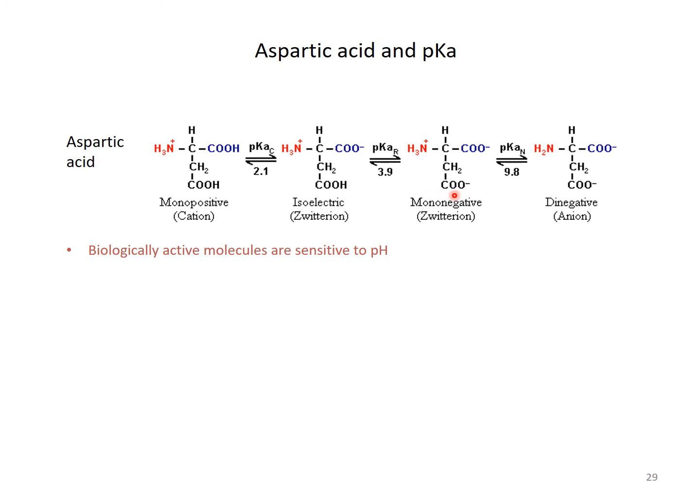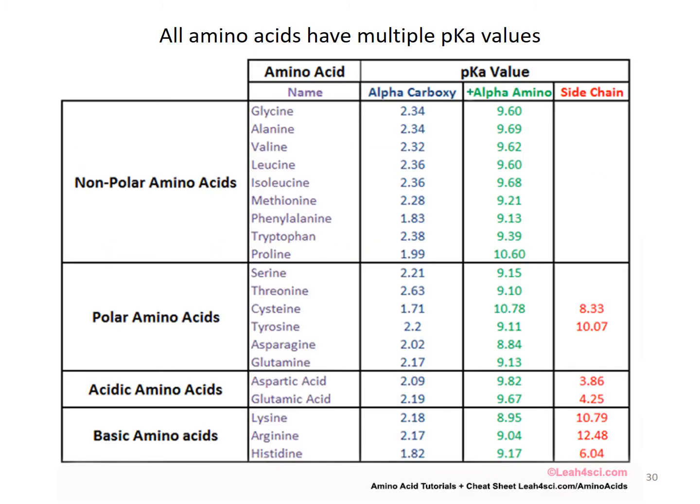While when the pH is higher than 9.8, which means the surrounding is very basic, all of the functional groups will be deprotonated. In this case, this amino acid has become a dinegative amino acid. As a matter of fact, all amino acids have at least two pKa values, and depending on the side chain, you might have a third pKa value.